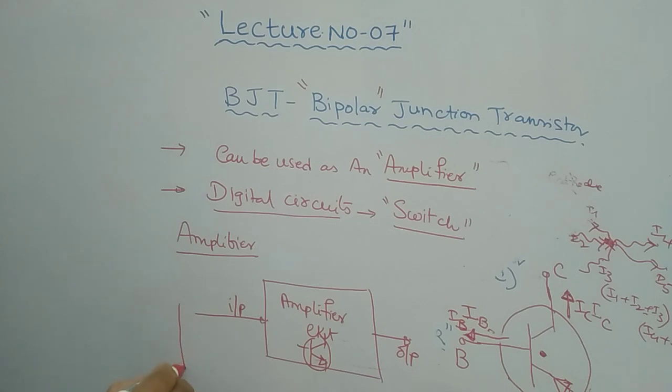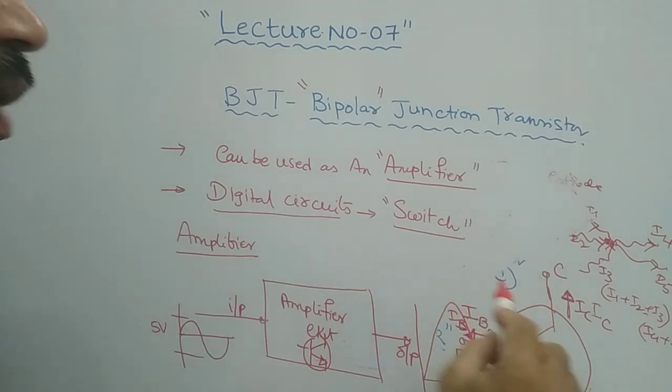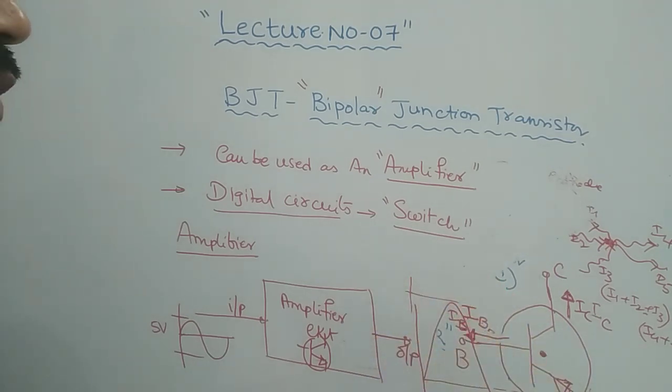Now, if you take your input as a sinusoidal signal having a peak to peak magnitude of 5 volts, and you give it as input to this amplifier, then what happens at the output? Definitely you will get a more amplified signal. Your output must be more than 5 volts.